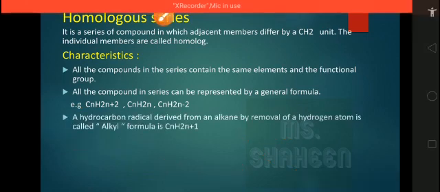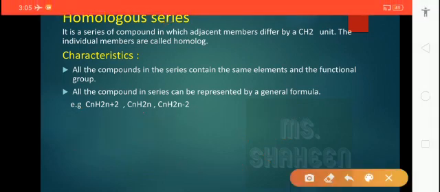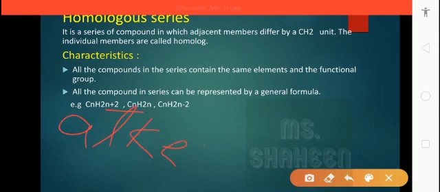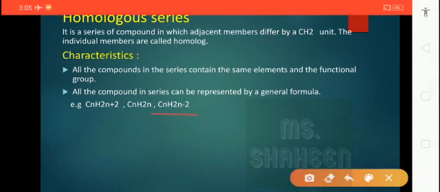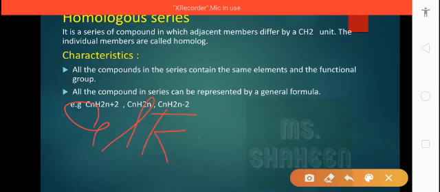The second formula is CnH2n, which is the formula of alkene, in which carbon and carbon have a double bond. And the last one is CnH2n-2, which is the alkyne, in which carbon and carbon have a triple bond.